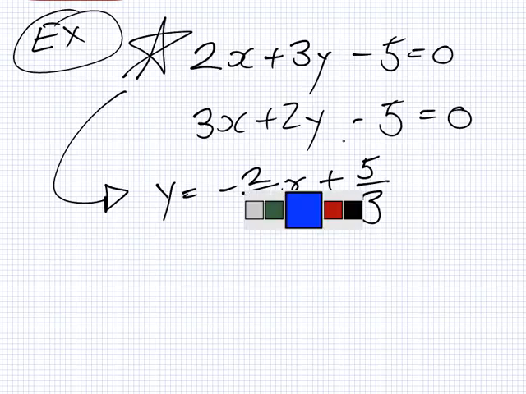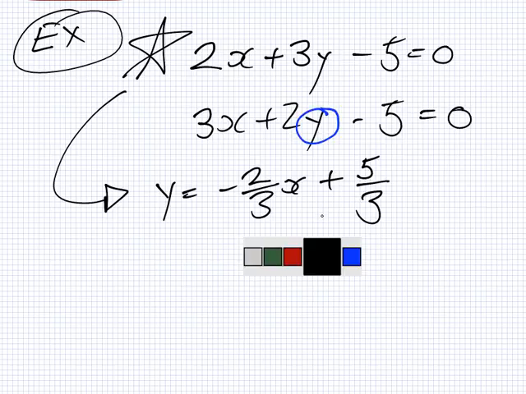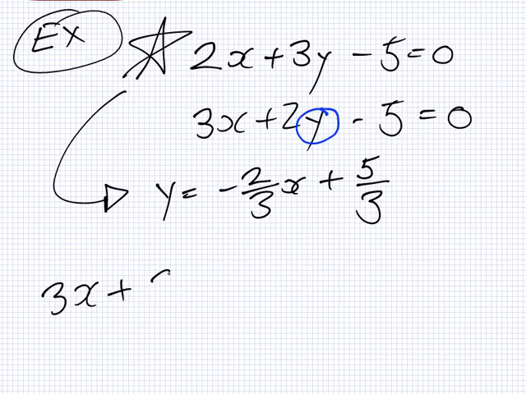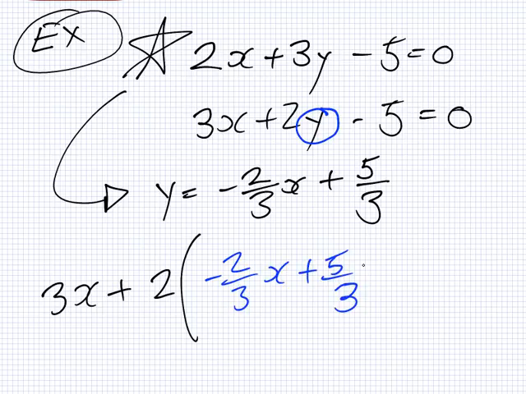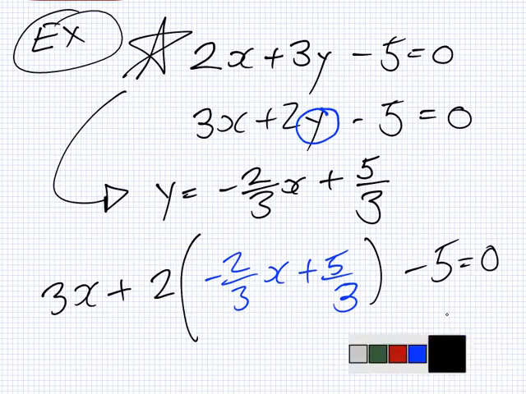You substitute it here for the y. So then you get 3x plus 2y, that's the y, minus 5 equals 0. And then you solve this.